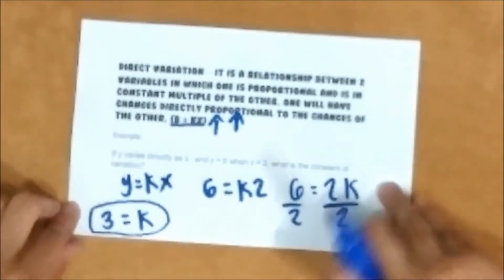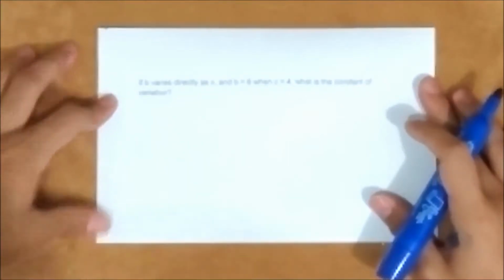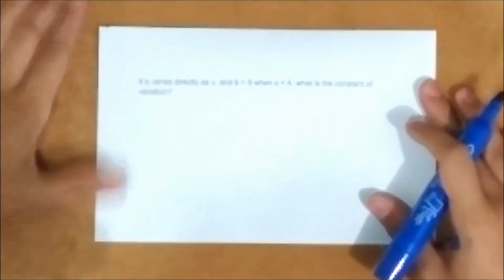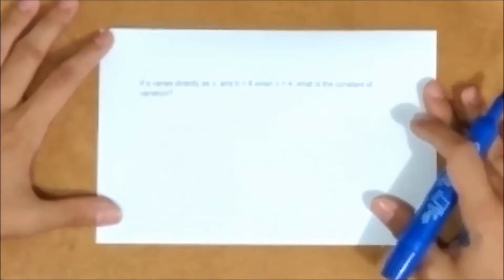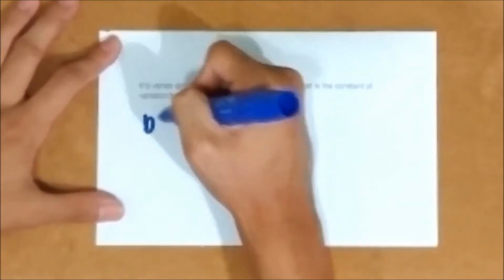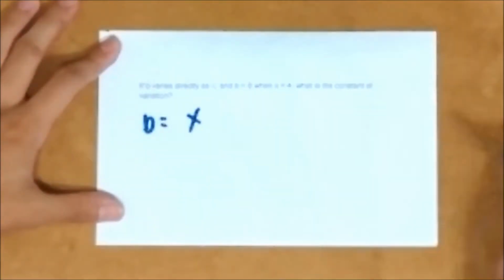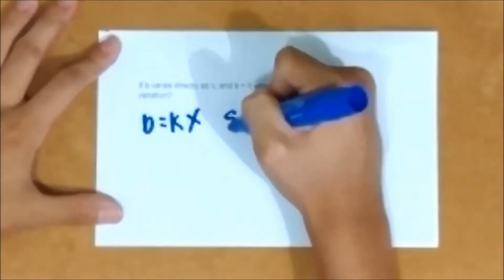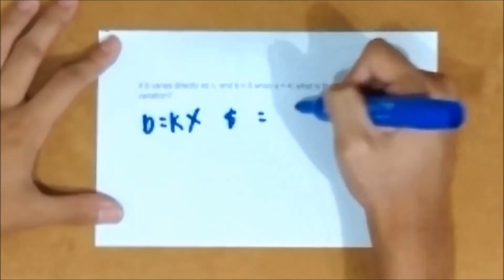And to the second example. If b varies directly as x and b is 8 when x is 4, what is the constant of the variation? Okay, let's write it. B varies directly as x. Let's put the k here. And b is 8 when x is 4.